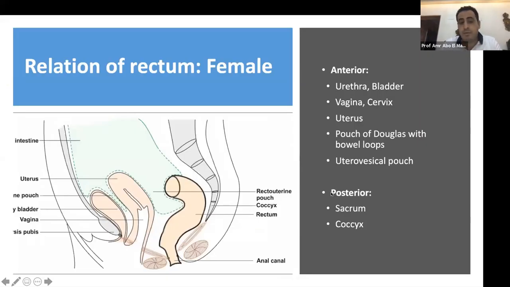For female, anterior are the urethra, vagina, and uterus, the pouch of Douglas, and the uterovesical pouch. Posterior are the sacrum and coccyx. In females there are 2 pouches rather than one as in males: the rectouterine pouch and another pouch between the uterus and the bladder.